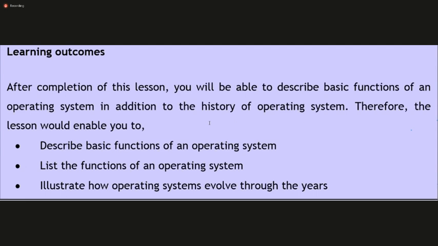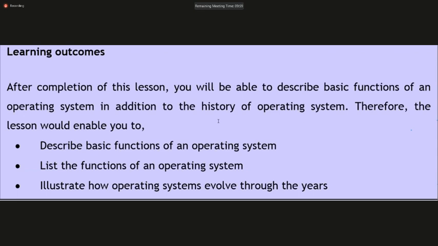So the first thing you should get into your mind is that it is not a hardware device. It's not something like your hard disk or mouse, right? So it's software. That is the first thing you have to note. So we are talking about software.